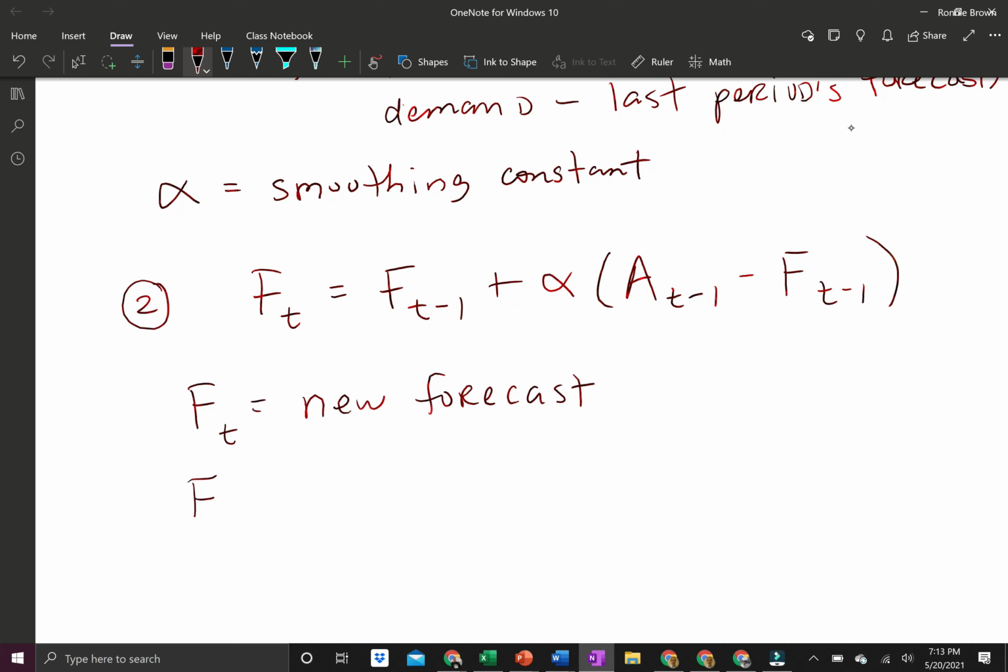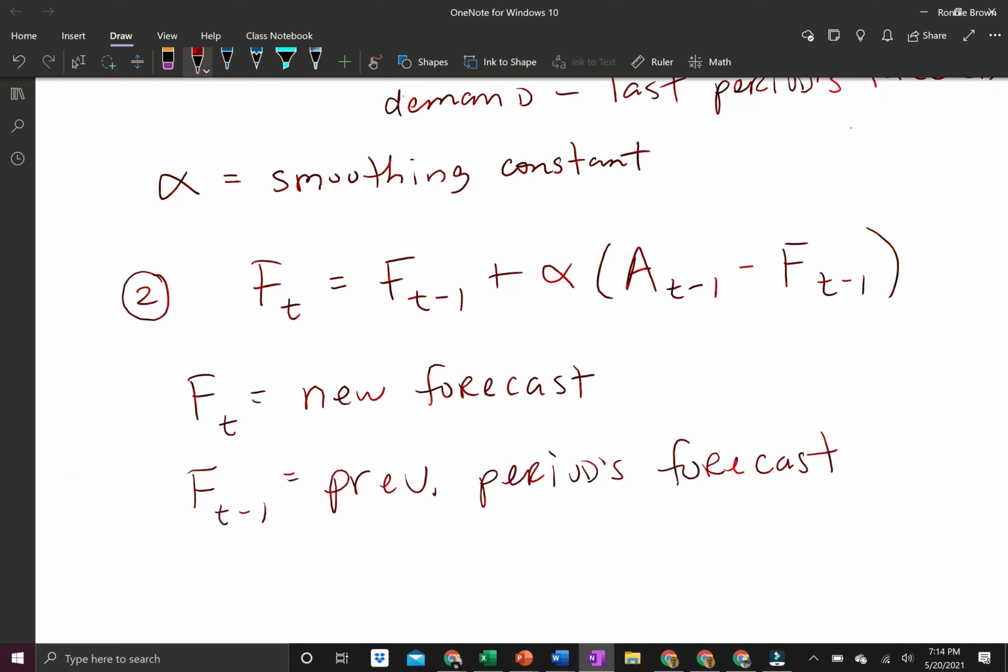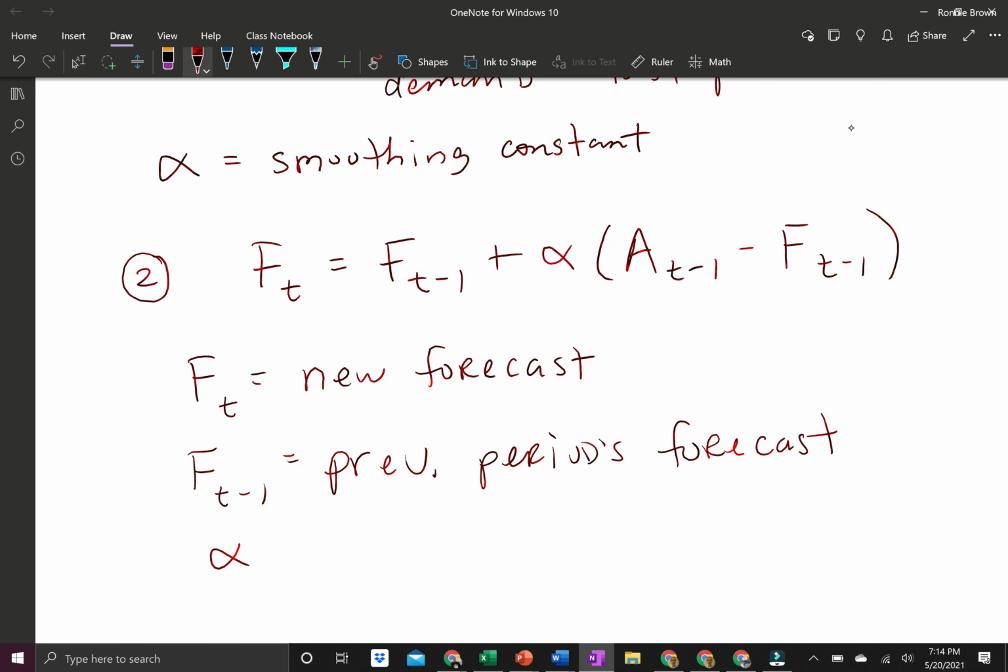Then we have f sub t minus 1. This is the previous period's forecast. And then we said, of course, alpha is the smoothing constant, or you might hear it described as the weighting constant.